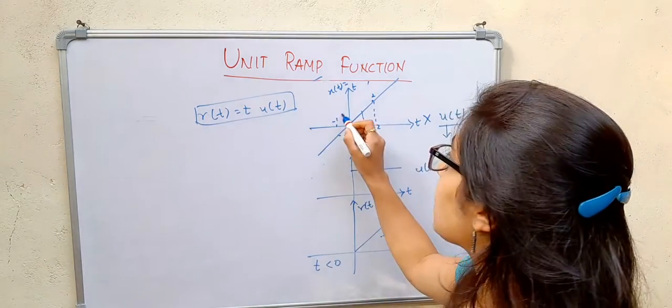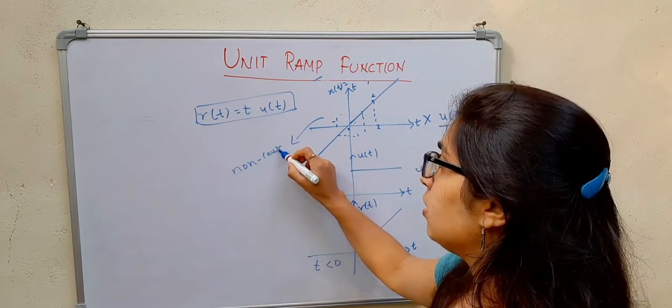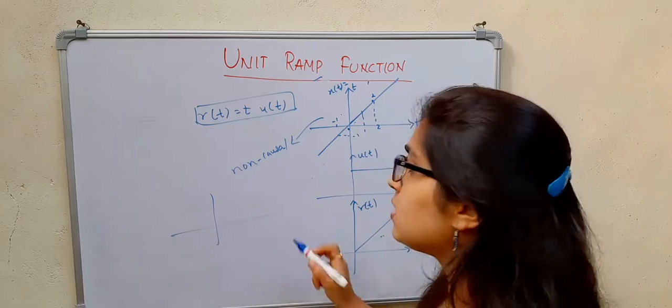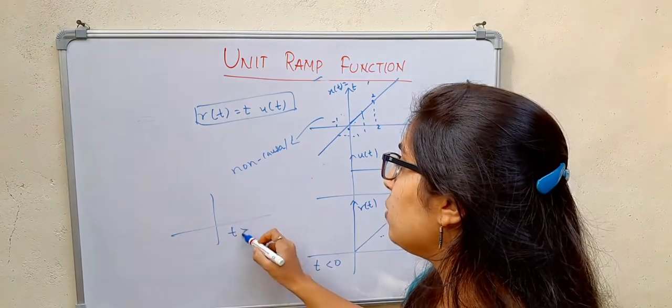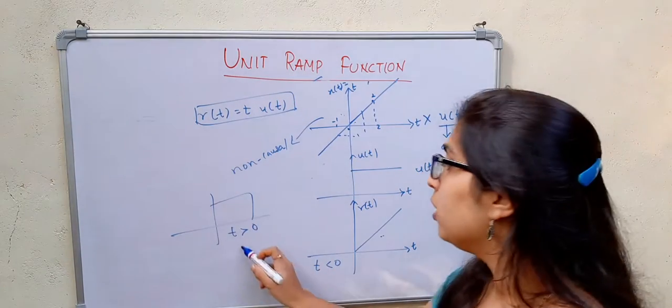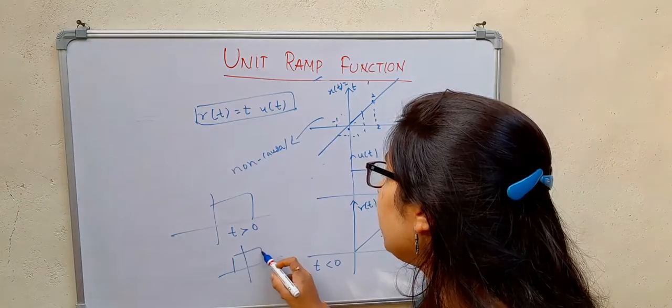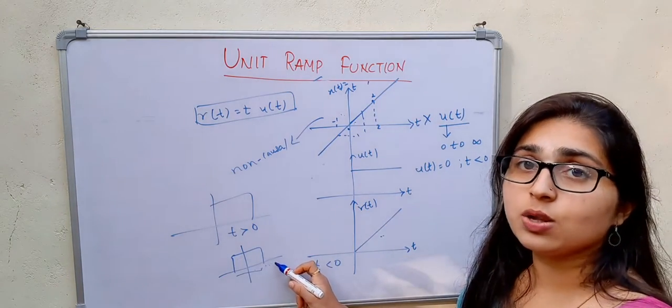See, this is actually non-causal. Remember, causal we will be studying later. Causal means it will have values for t greater than 0. If it has values for both t less than 0 and t greater than 0, like this, it will be called non-causal.